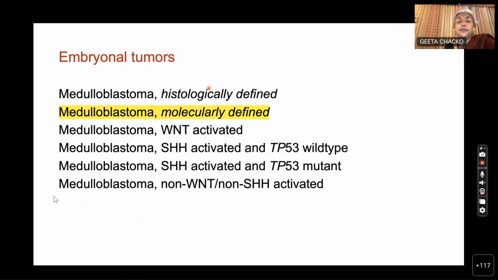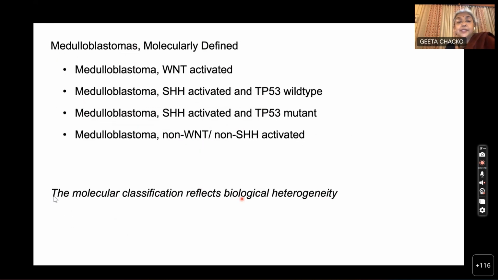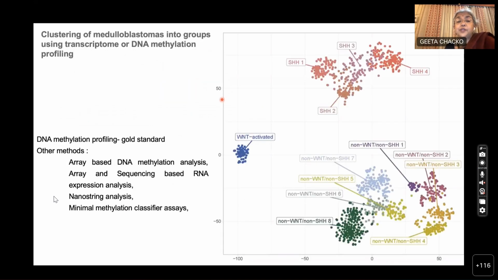So quickly, apart from the histological definition, they are also defined molecularly into the Wnt activated, the sonic hedgehog activated, which can either be wild type or P53 mutant, and the non-Wnt, non-SHH type. So this reflects a kind of biological heterogeneity which causes this classification.